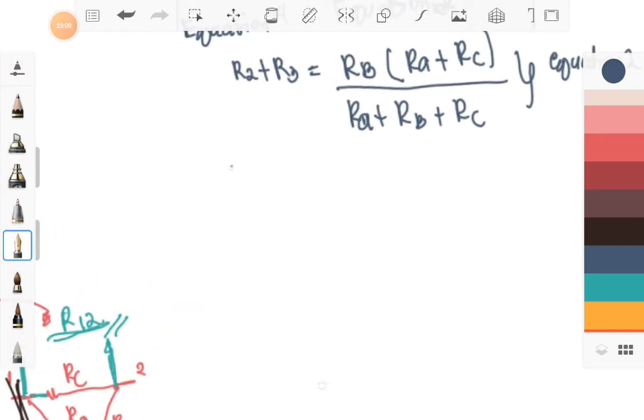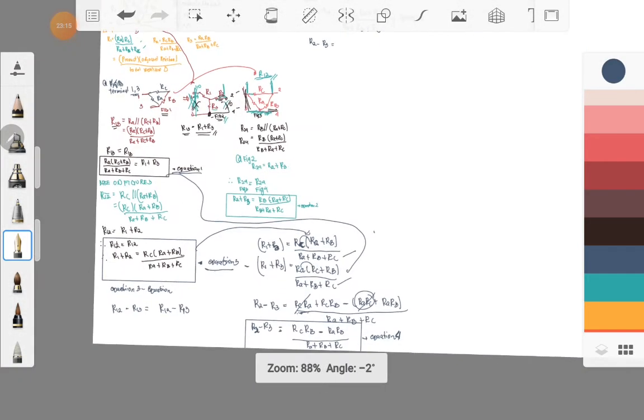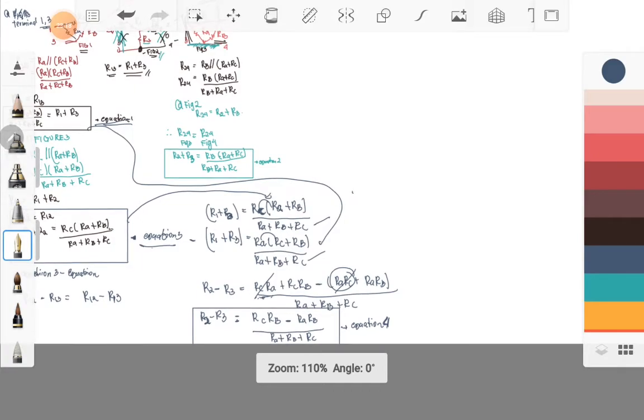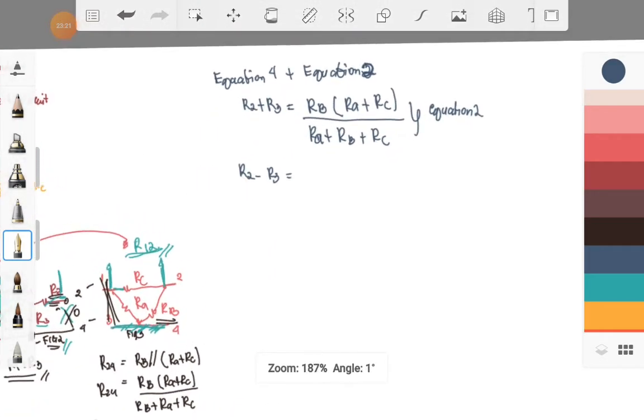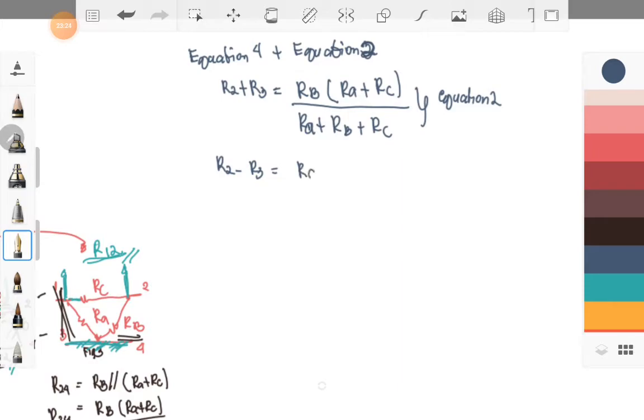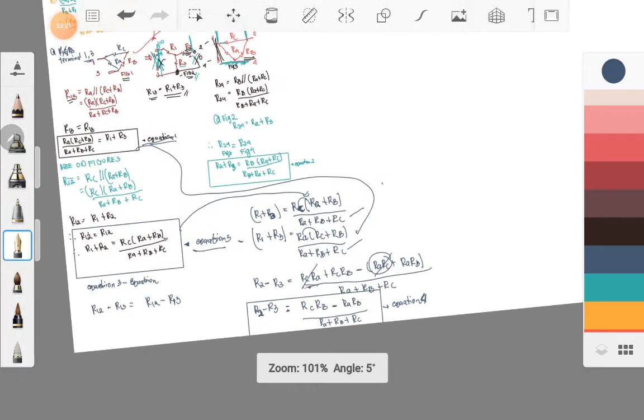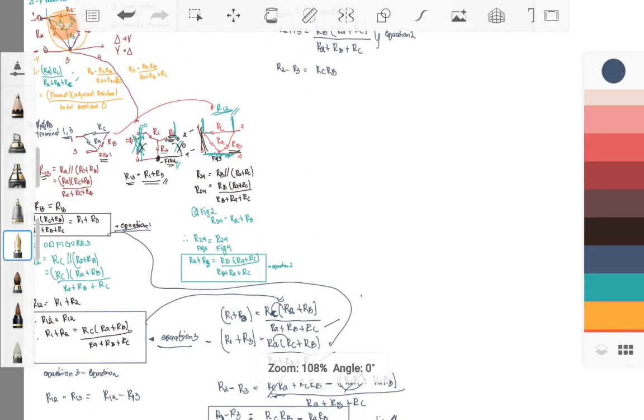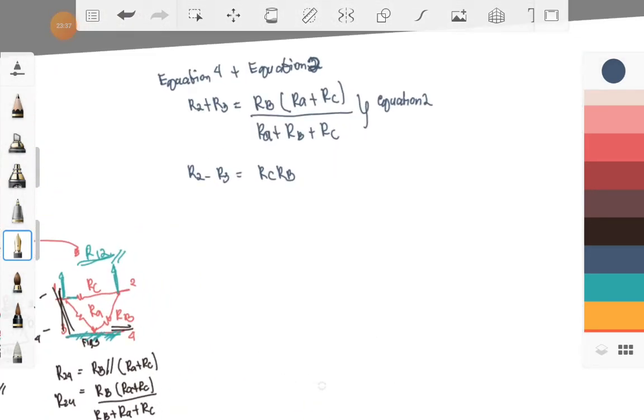So we have our R2 minus R3 is equal to RC RB minus RA RB, minus RC RB minus RA RB, minus our RA RB divided by our RA plus RB plus RC. Okay? This is your equation 4.